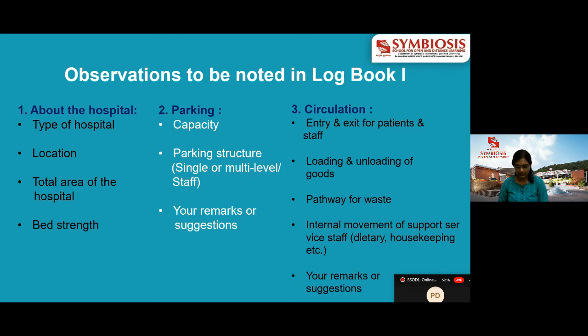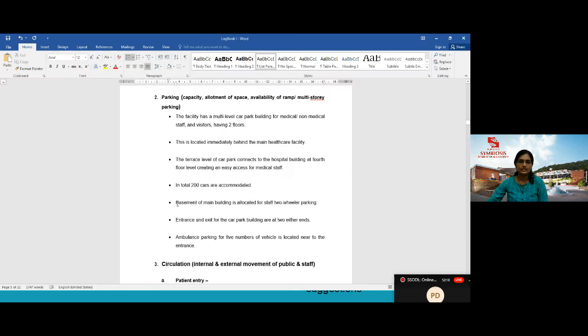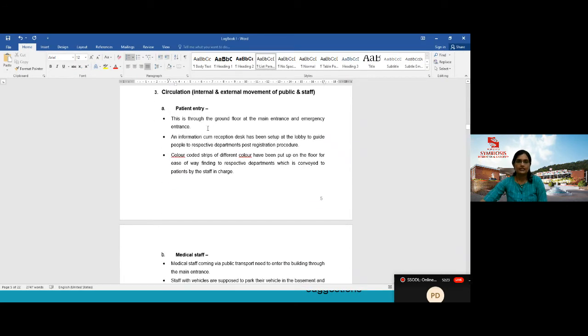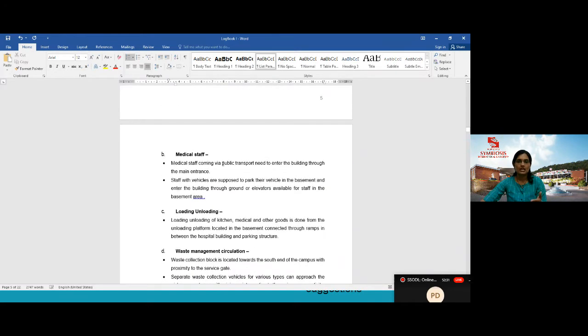So in that connection, we have to write about circulation. Here is circulation: patient entry is through the ground floor, at the main entrance and the emergency entrance. Then medical staff, staff coming from public transport, staff coming from vehicles.